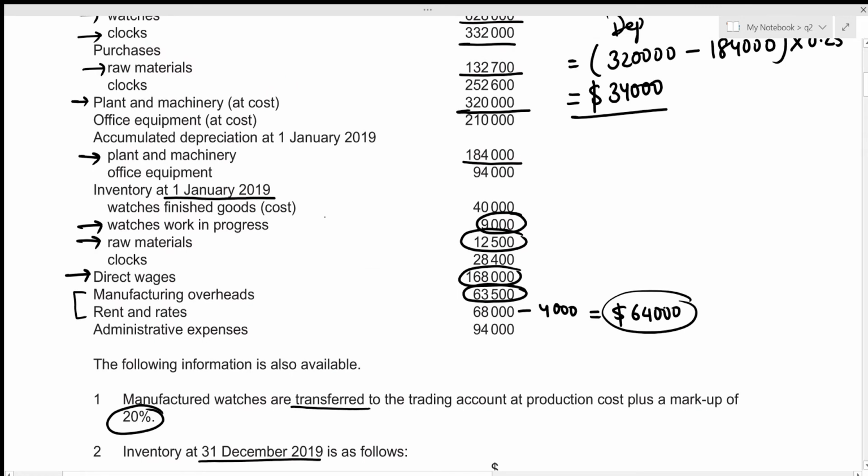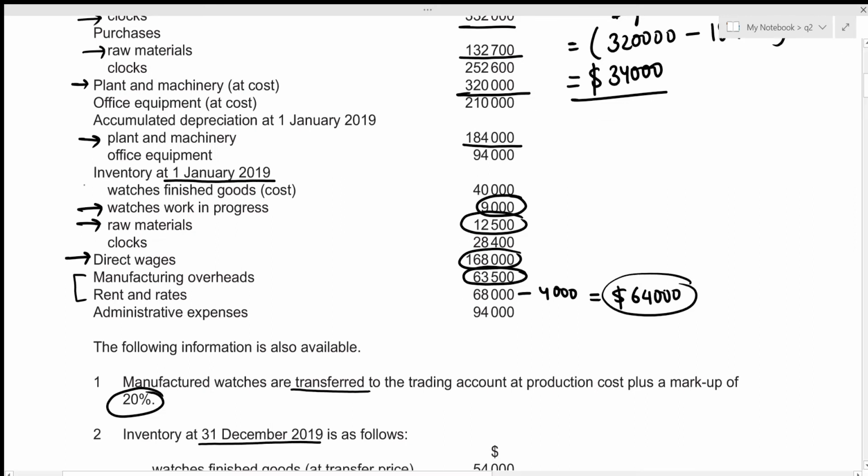Okay, whenever we're talking about opening inventory while figuring out the gross profit, then we actually are referring to the opening inventory of finished goods. So we can see that the finished goods of watches at cost is 40,000. And we know that whenever we are talking about goods manufactured within a company, the opening inventory is actually added at the cost plus the markup.